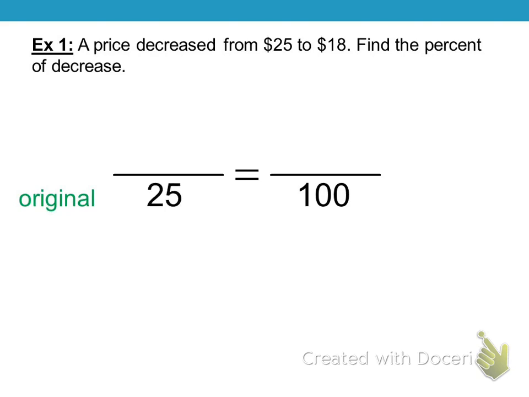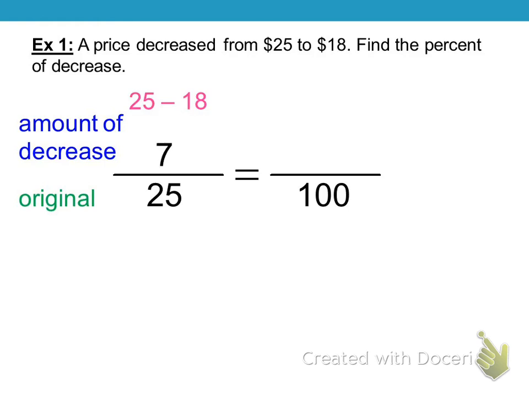What we're actually going to use is the amount of the decrease. If we want the percent of the decrease here, we need the amount of the decrease here. So if it goes from this to this, the 25 is my original. But what's the amount of my decrease? 7. And you get 7 by taking the original minus the new price.